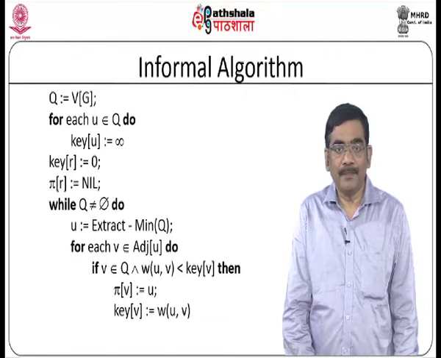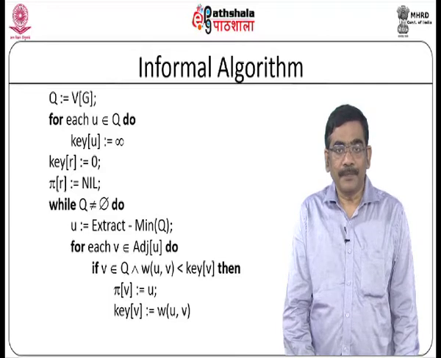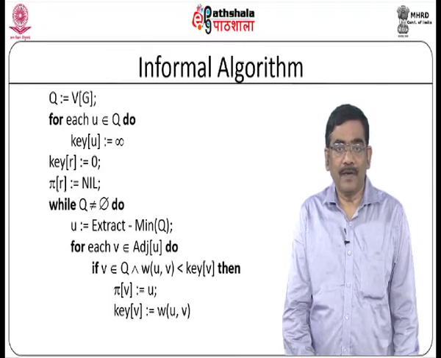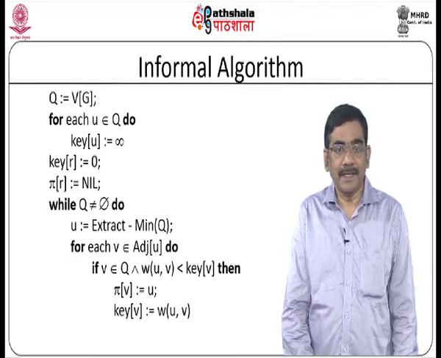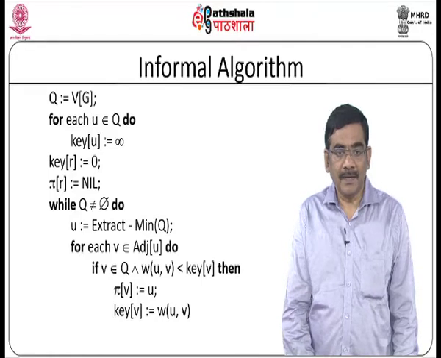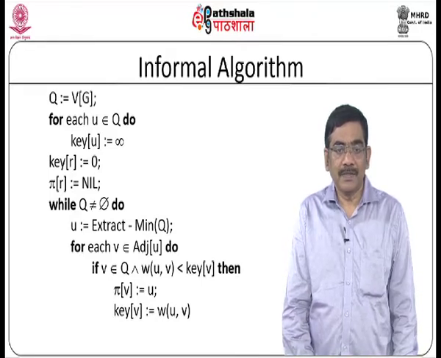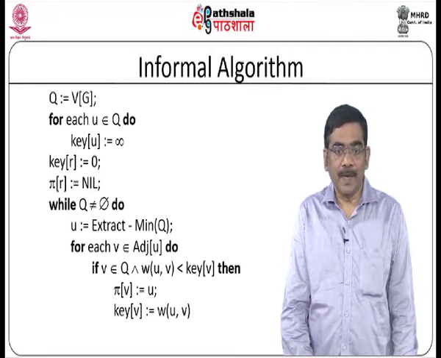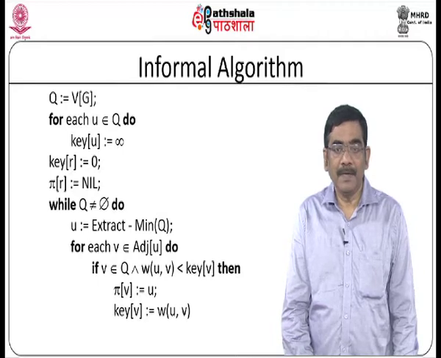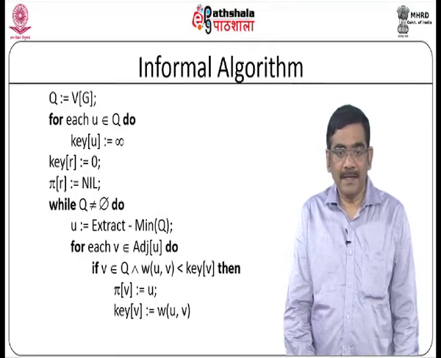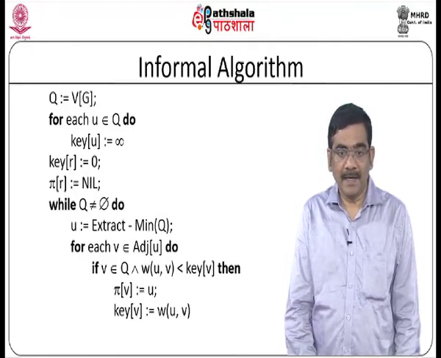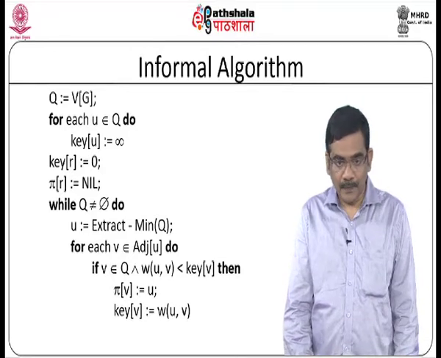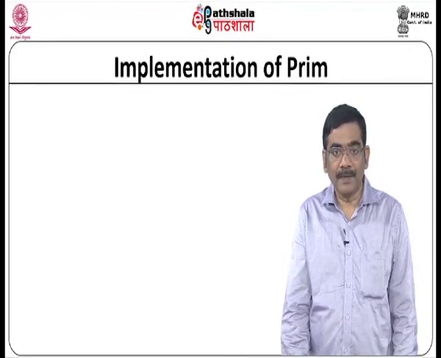I will be using the heap for this particular algorithm. Initially I take all the vertices, and the key is assigned as infinity. I am going to extract the minimum, and for every adjacent vertex V, I check it and accordingly it is added.